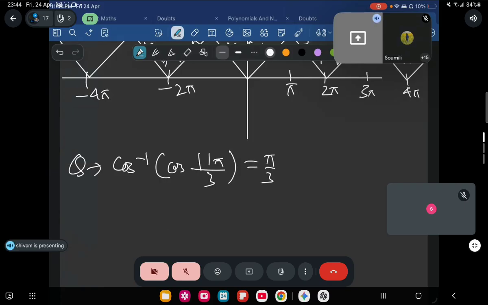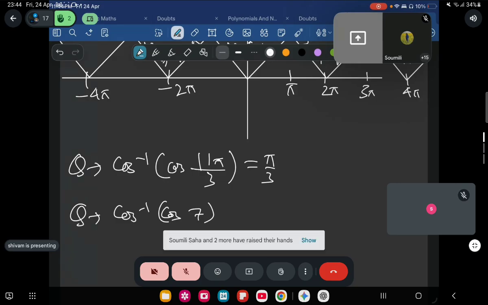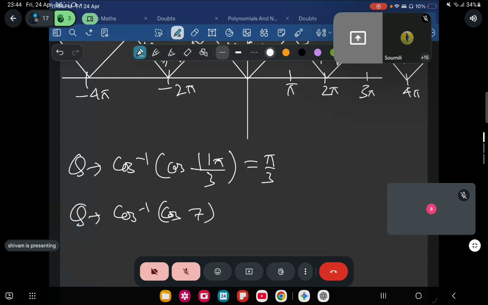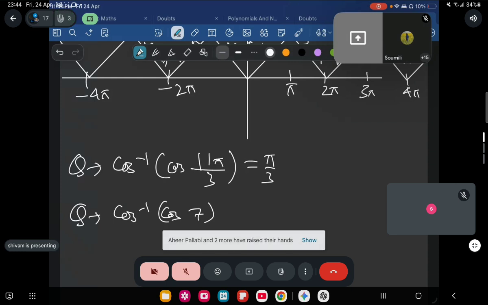Okay, lastly, everyone. What is cos inverse cos 7? Raise your hand. Okay, for this one, Shavankit, tell me.